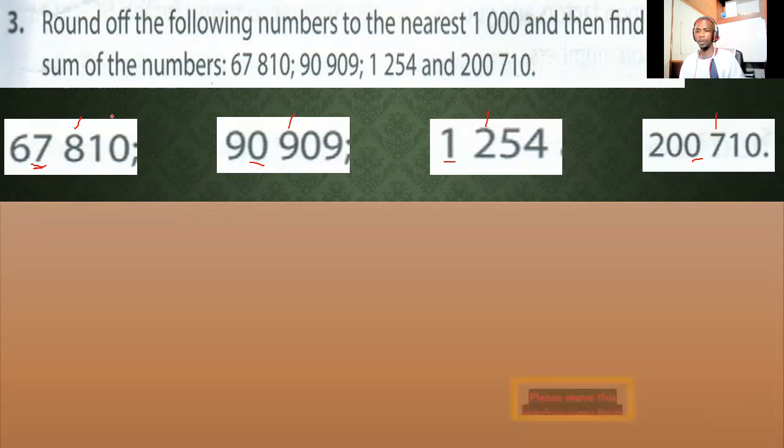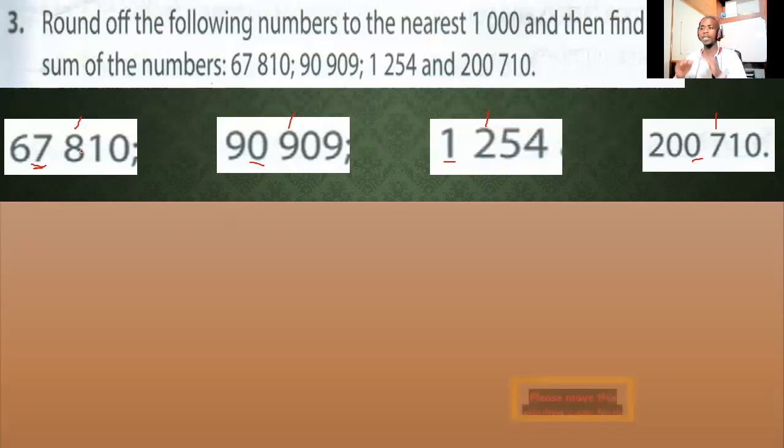Good. Now, know that we are rounding off to the nearest 1,000. So we look at the hundreds. If the number which is on the place value of hundreds is 5 and above, we add 1 to the thousands.